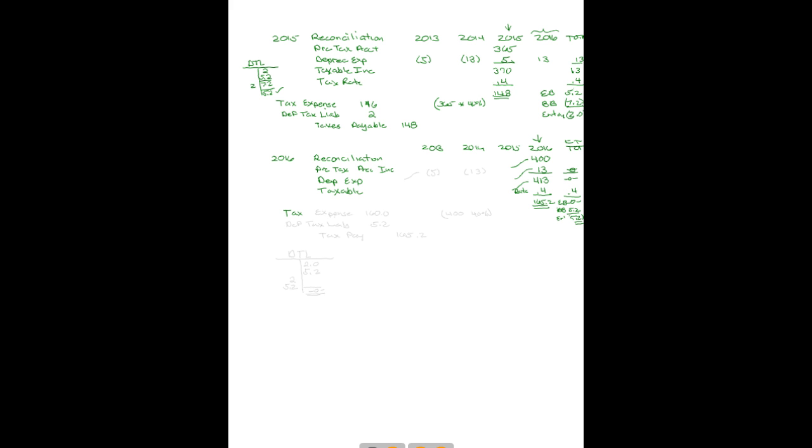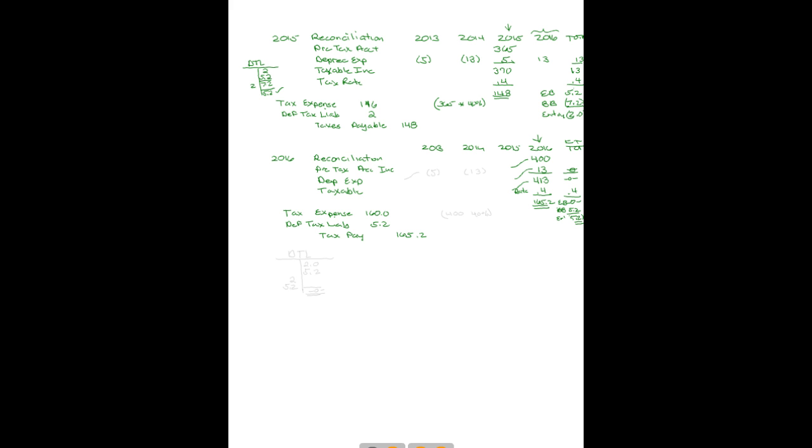So we'll have tax expense, which we'll calculate after we find out what happened to the deferred tax liability and taxes payable. That's what the asset liability approach has us do. 165.2 on our taxes payable, our current portion going to our tax return. 5.2 reversing out, and 160 being the net of the two for our current tax expense.